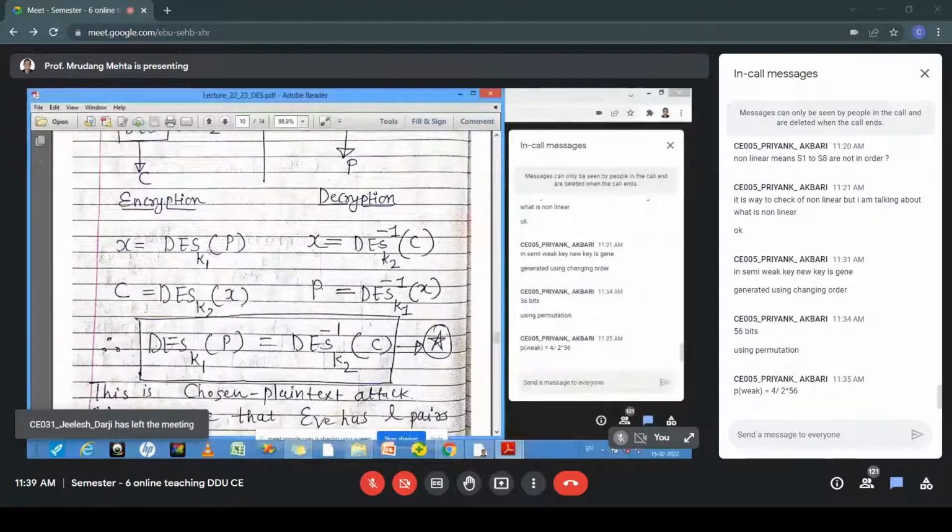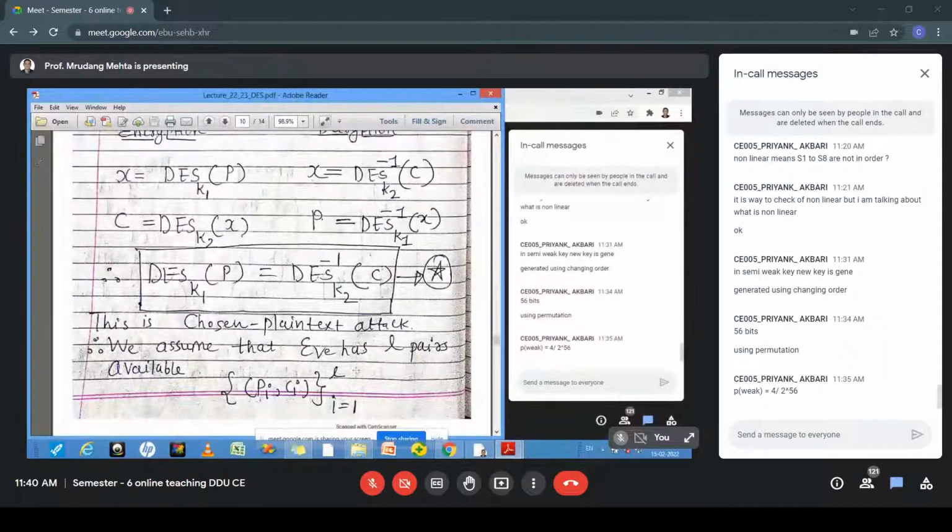So X is equal to DES of P with K1, and X is equal to DES inverse of C with K2. C is equal to DES of X with key K2. So encrypting the plaintext with K1 is equivalent to decrypting the ciphertext with K2. This is the important observation.